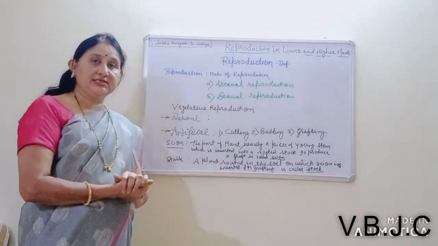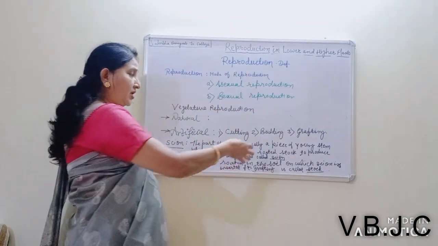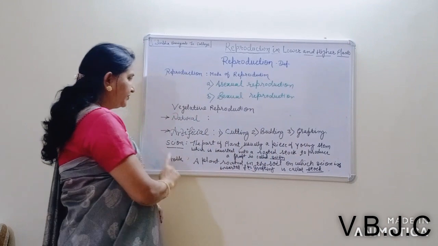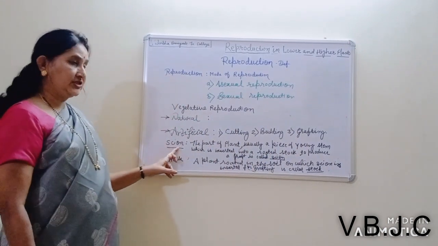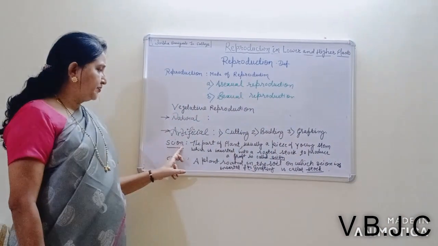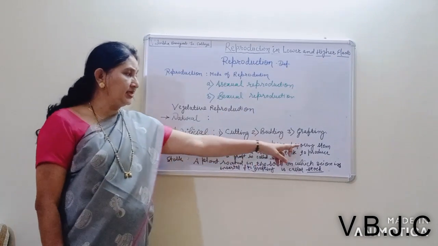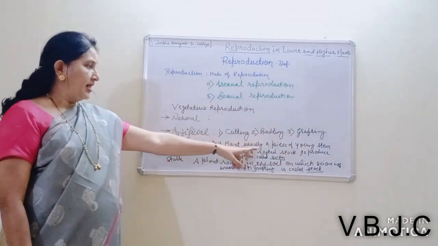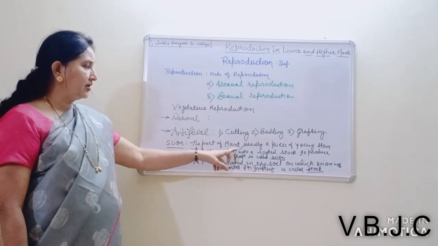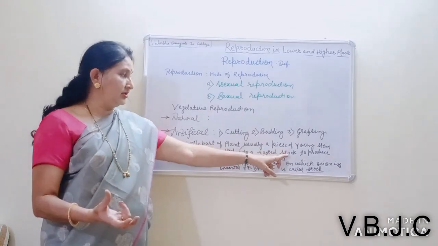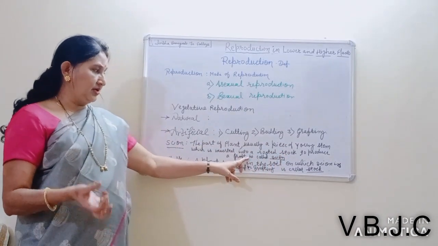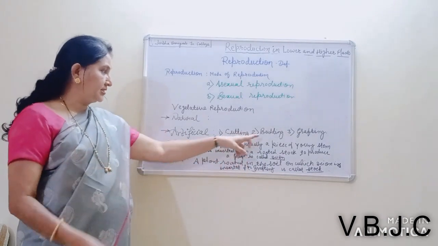In grafting, two terms are very essential. The first is the scion: the grafted part, a piece of young stem that is selected and inserted on the rooted stalk to produce a new plant.